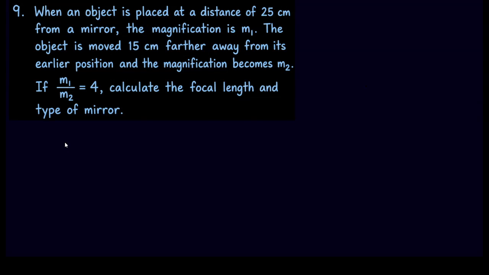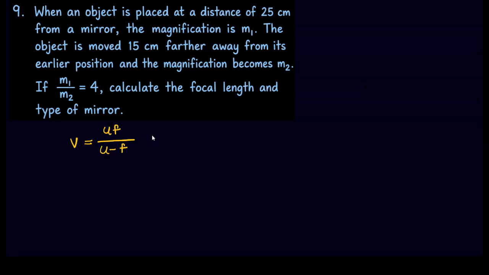So you can see here, if I say the first case, case 1, if we write v, let us say v is equal to uf by u minus f.